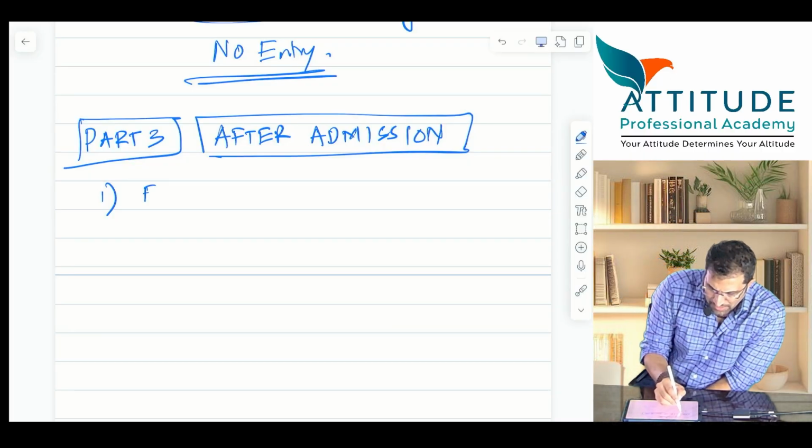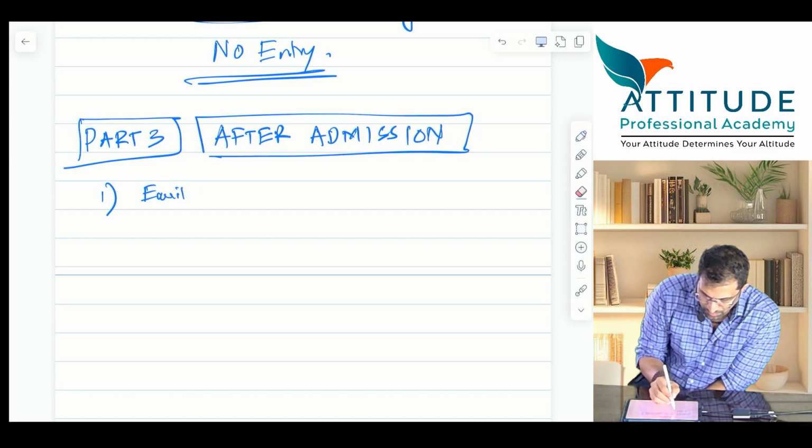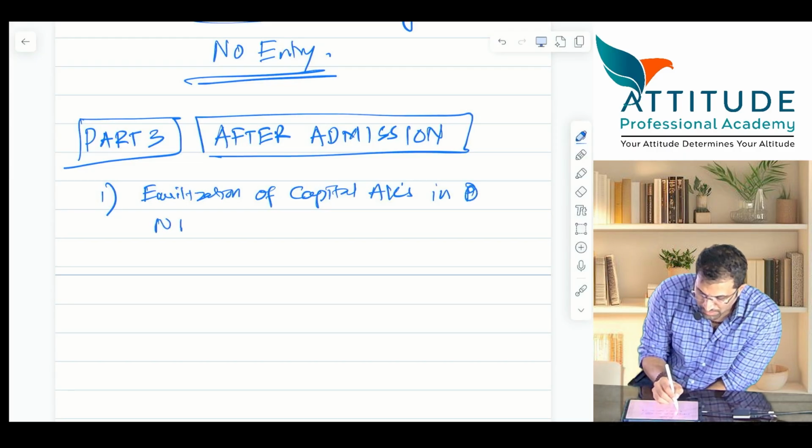That is known as equalization of capital accounts in the new profit sharing ratio.